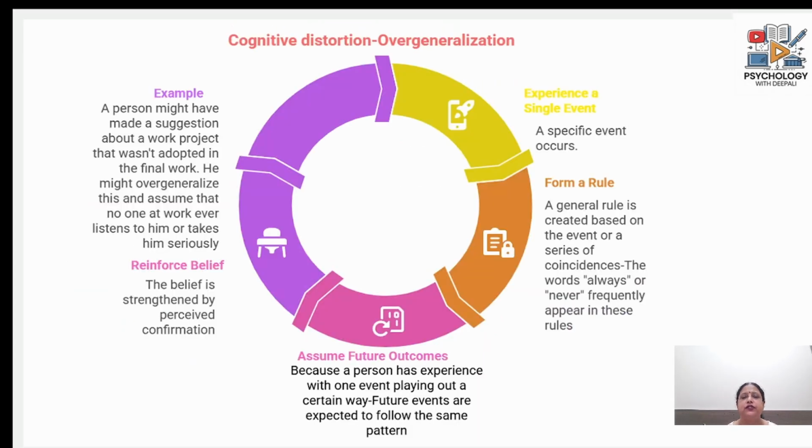The next cognitive distortion is overgeneralization. Here, maybe a specific event occurs, whatever is the nature of the event, and based on that event, a general rule is created by this person, and maybe similar kind of events coincidentally might also happen. And again, the person will describe these events using the terminology like always or never.